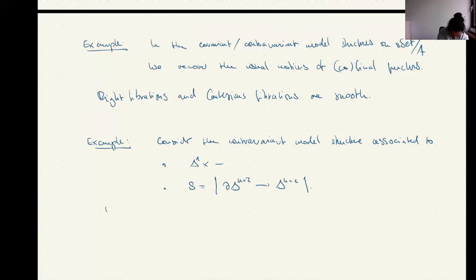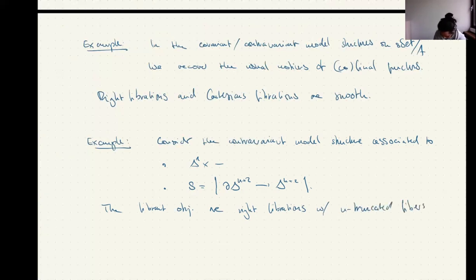Then in this case, the fibrant objects are right fibrations with n-truncated fibers. So a presheaf with values in an n-type.